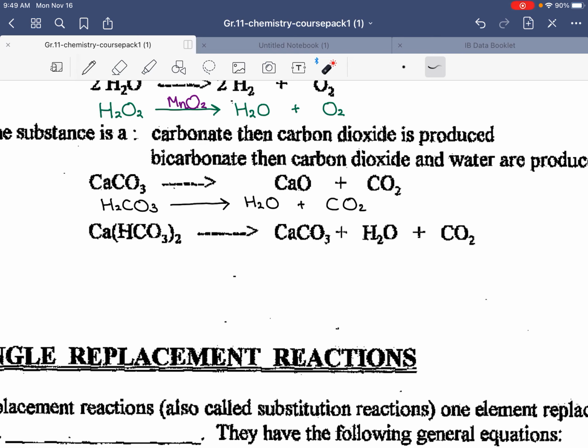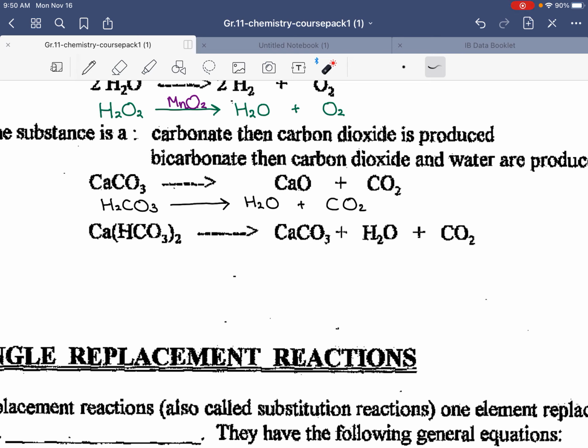Now, here's another example right here. This is metal bicarbonate. HCO3 is one of the things we call acid salt derivative known as bicarbonate. And this whole thing is known to be calcium bicarbonate. When calcium bicarbonate or any metal bicarbonate decomposes, it actually gives you three products.